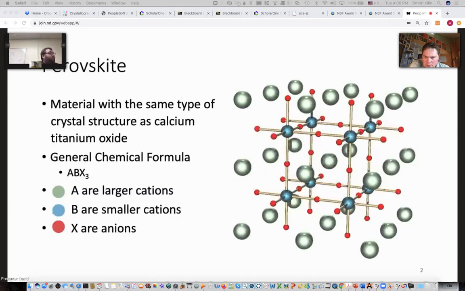As I'm sure members of our group know, perovskite is a material with a structure with the general formula ABX3, where A, the green atoms here, are a large cation. B are a smaller cation, the blue atoms, and X are an anion. In our case, we're looking at halides.